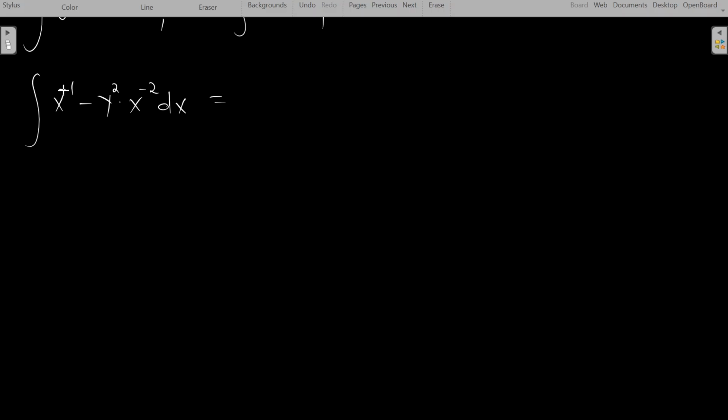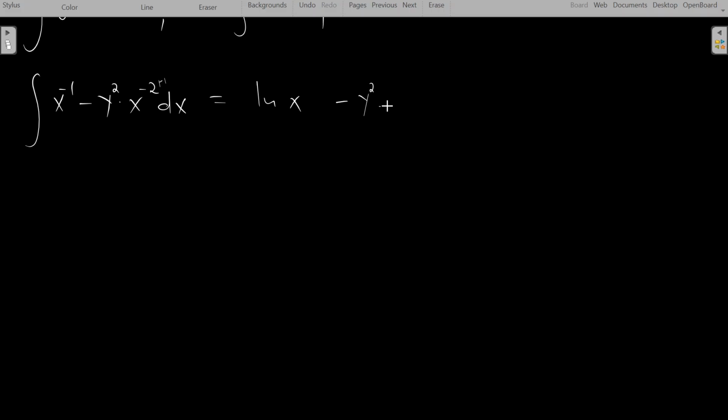If we integrate this, it is just ln of x. Then subtract that, if we integrate this with respect to x, I'm keeping y as a constant, so this is y squared multiplied by, if I integrate this, I add 1 to the power, then divide by the new power.